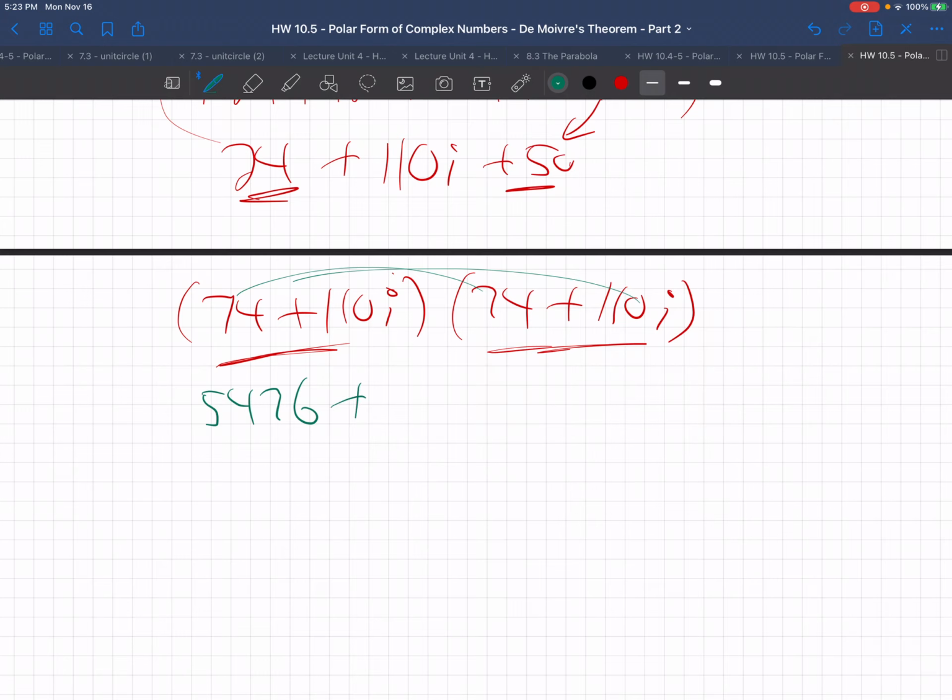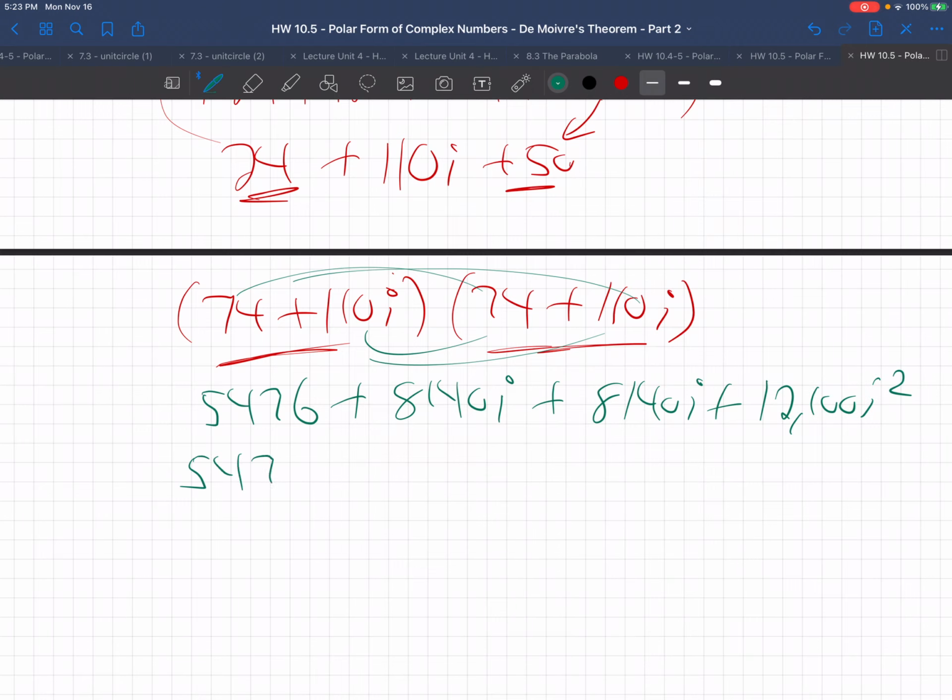5476 plus, what is 74 times 110? 8140i plus, and that'd be the same thing again, 8140i plus, what's 110 times itself? 12,100i squared.